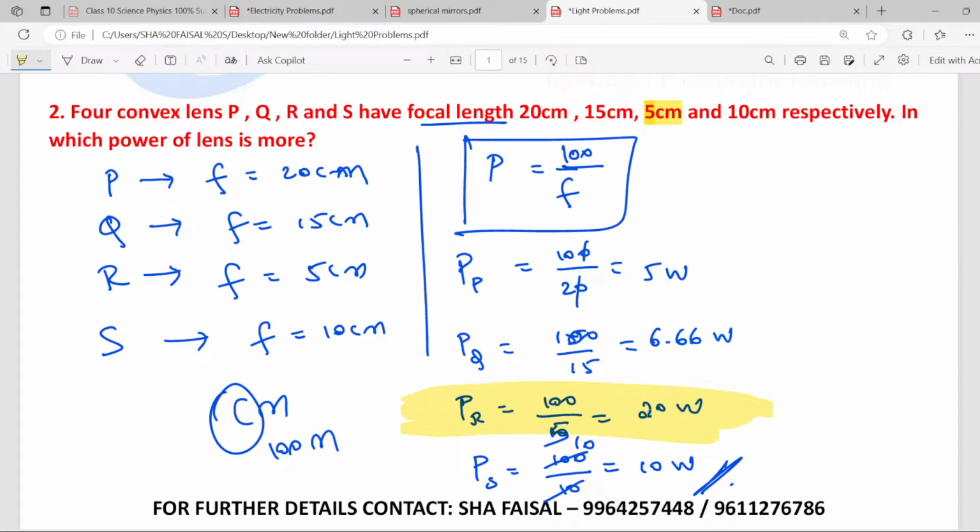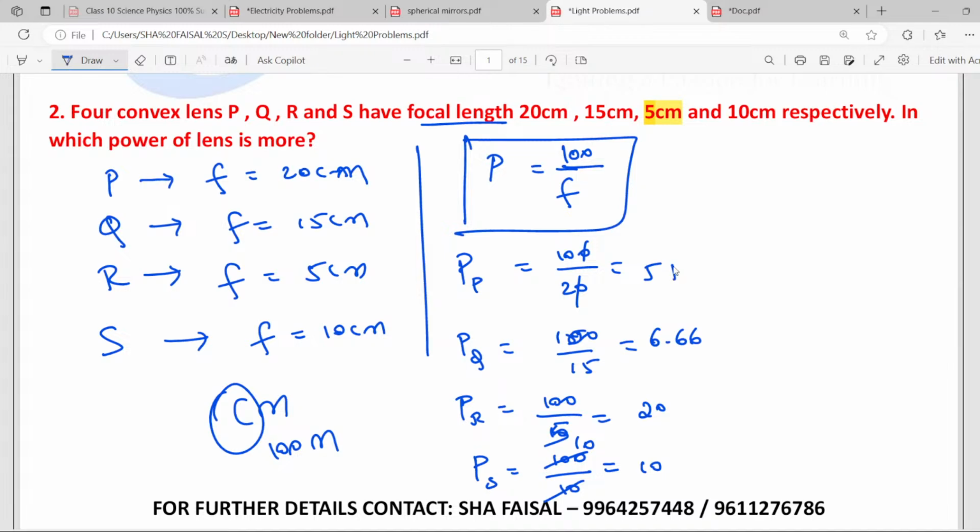Concept is clear? I have made a small mistake here. Did you notice? We are not calculating electric power. We are calculating power of lens. So it is not watt. Please note down, it should be in diopters. Most of them will write watt. This is the small and big mistake you people can make.